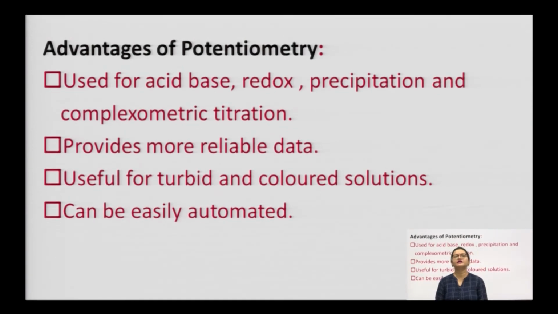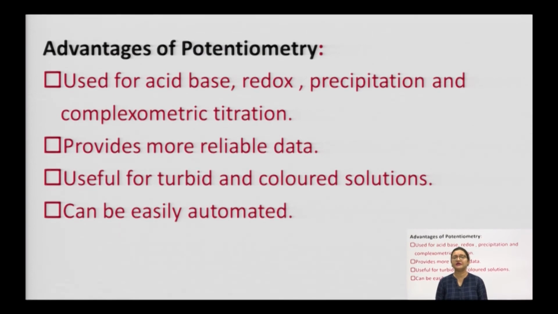What are the advantages or applications of potentiometry over the other methods, the other types of analytical methods? First one, it can be used for all varieties of titration: acid base titrations, redox titrations, precipitation titration, as well as complexometric titration.